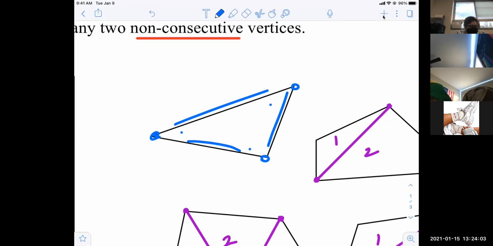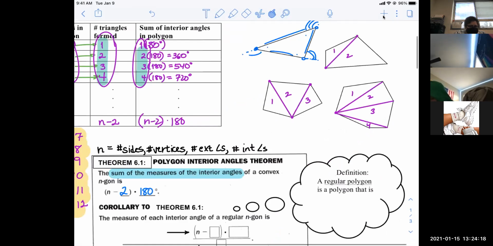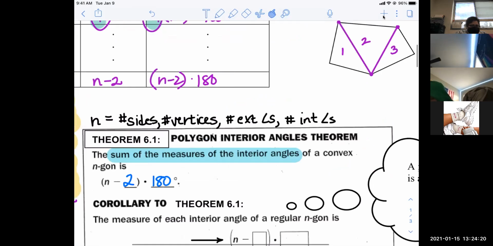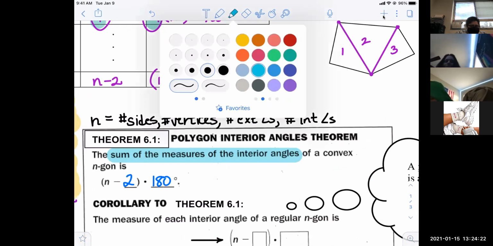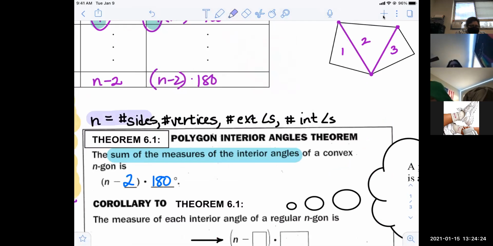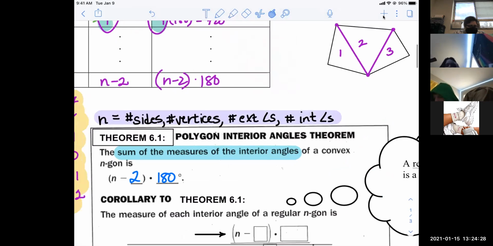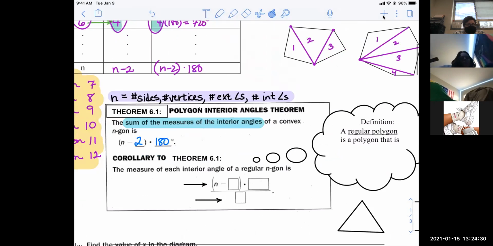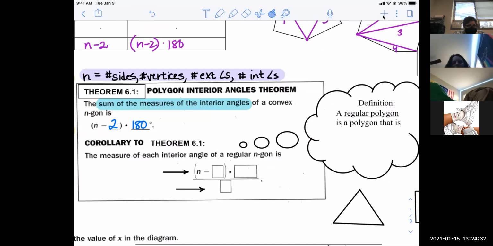At each vertex, you could also create an exterior angle, so it would also have 3 exterior angles. So when we talk about n, n refers to the number of sides, the number of vertices, or the number of angles at each vertex. So n is used in different ways depending on what we're talking about.